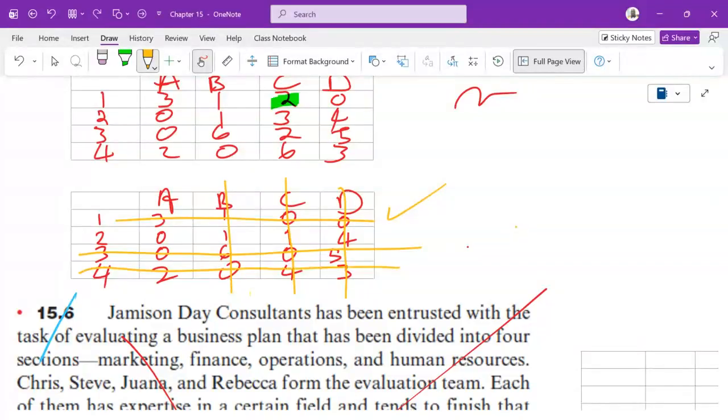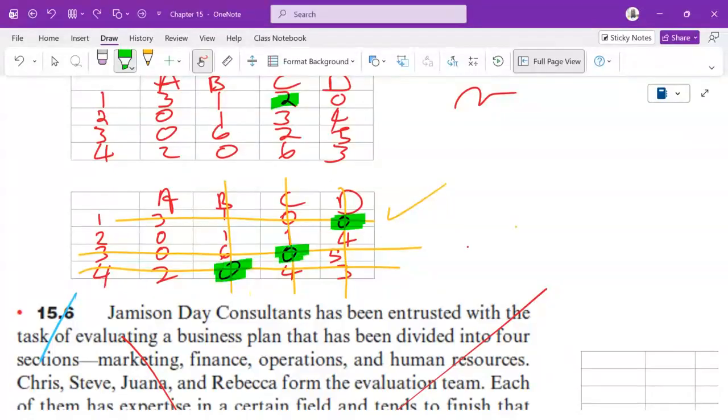Then B goes to 4. You see that? We have this, and this, and this.